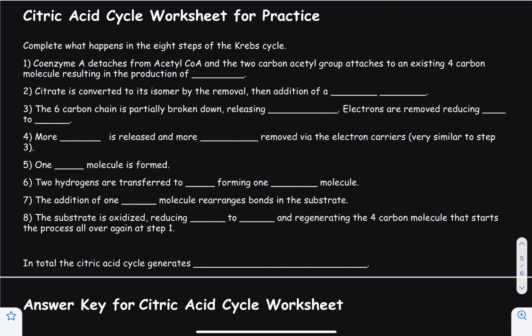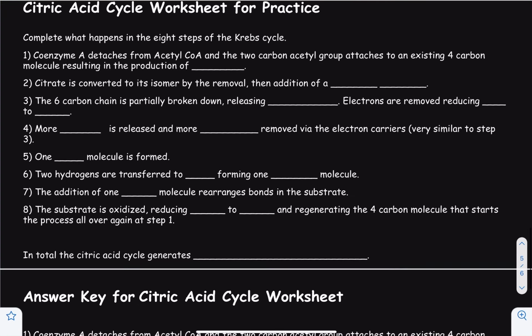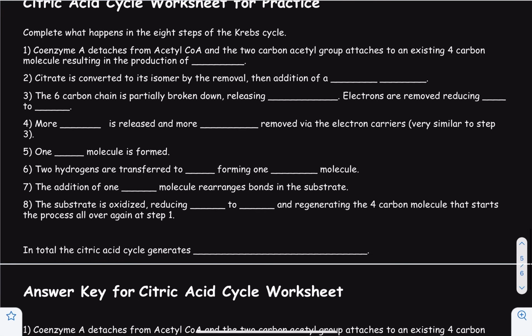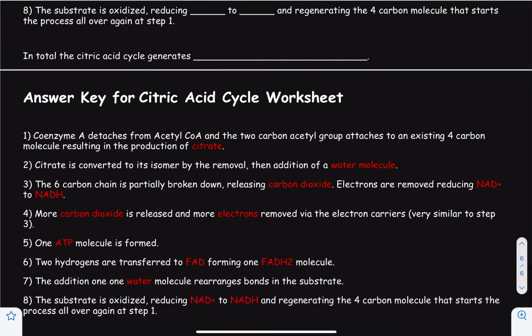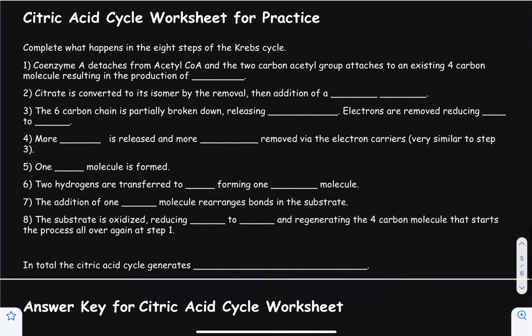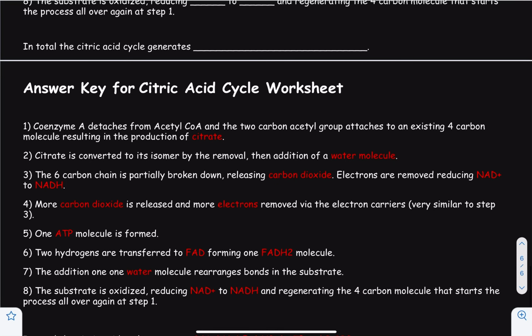Step 8: the substrate is oxidized, reducing blank to blank and regenerating a 4-carbon molecule that starts the process all over again. NAD plus to NADH. And that's it for this lesson.